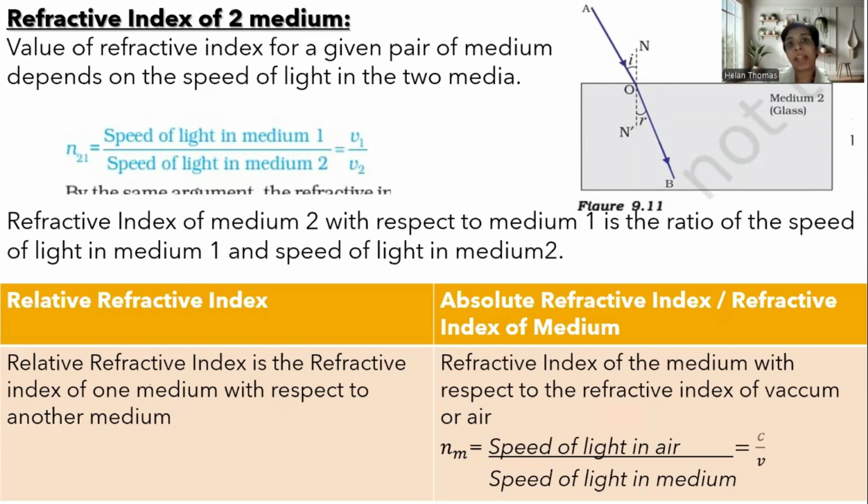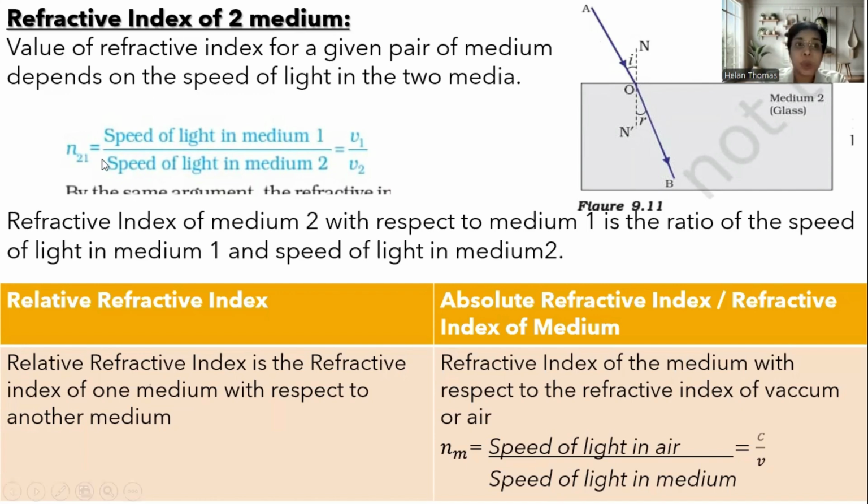If we write the refractive index as n, then n21 means the refractive index of the second medium with respect to the first medium. If you write n12, it means the refractive index of the first medium with respect to the second medium.